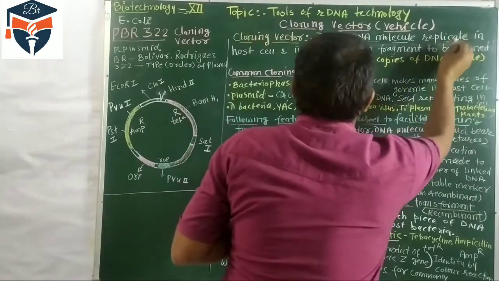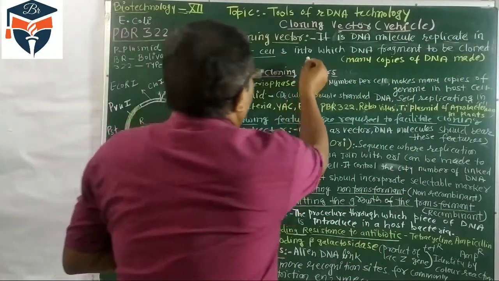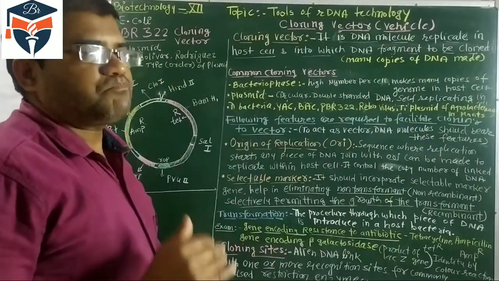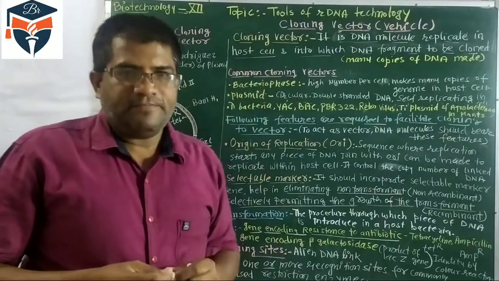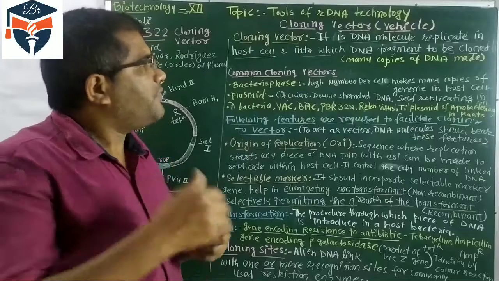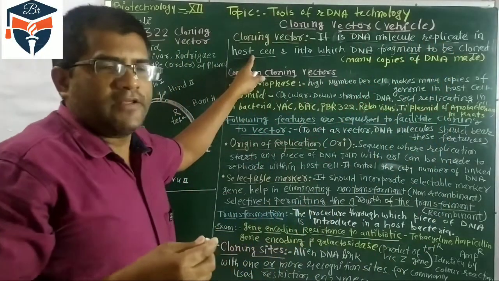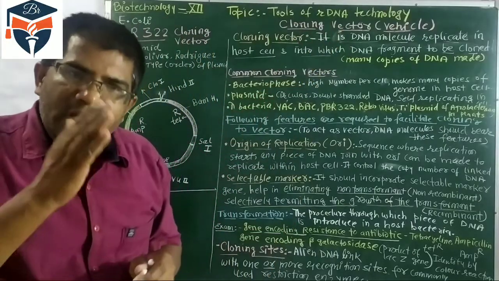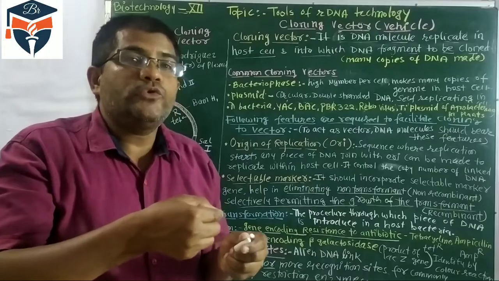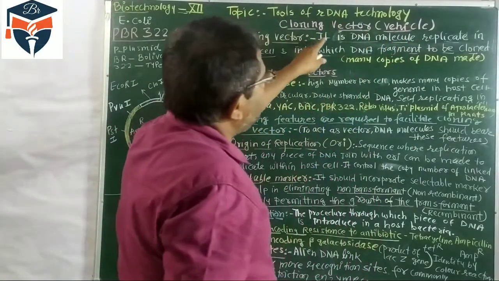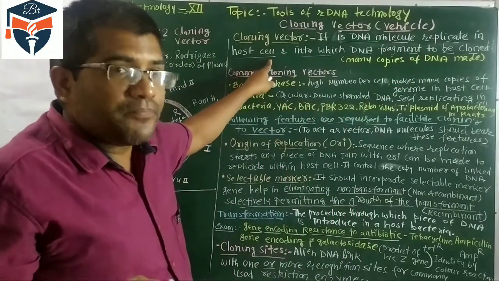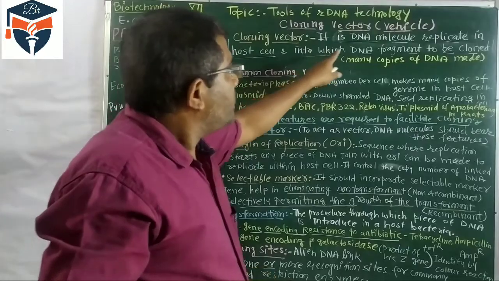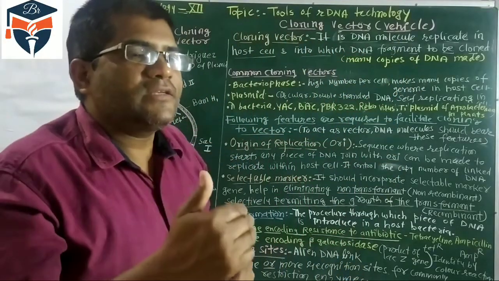A cloning vector is a DNA molecule that replicates in the host cell, and into which the DNA fragment to be cloned is inserted, so that many copies of the DNA are made. When this DNA molecule is introduced into the host cell, it gets replicated and makes copies of the DNA.